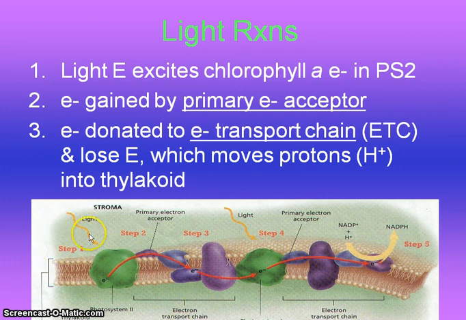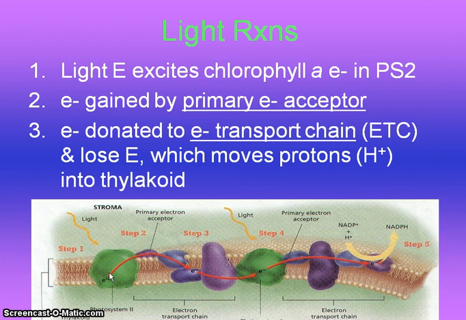Now light energy comes in, and this big green structure here is photosystem 2. So there are pigments in here, there are proteins in here, and when that sunlight comes in, it excites the electrons in the chlorophyll A pigment. And once electrons are excited by this extra energy, they will start to move.